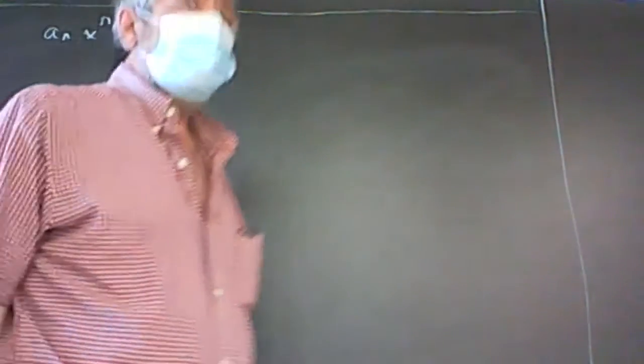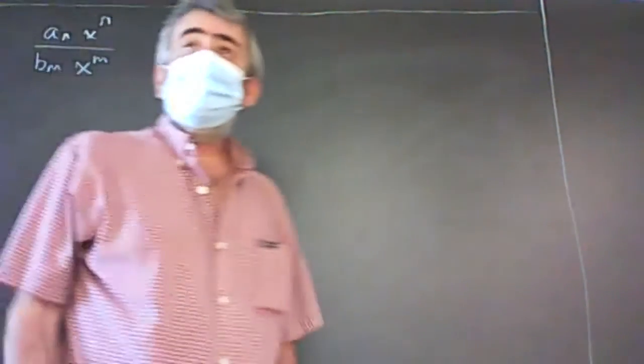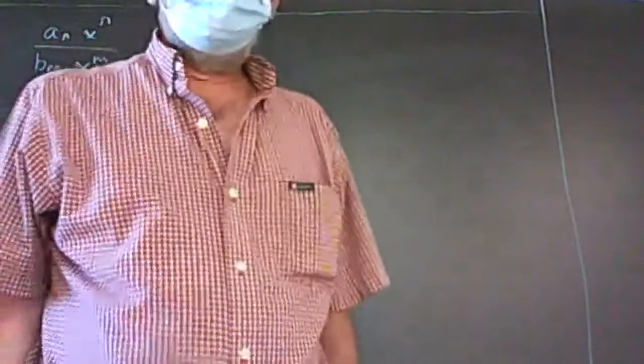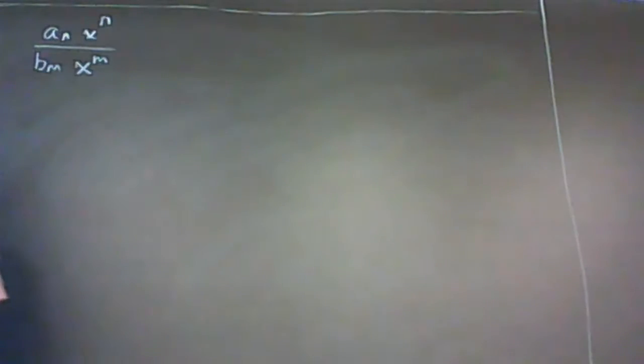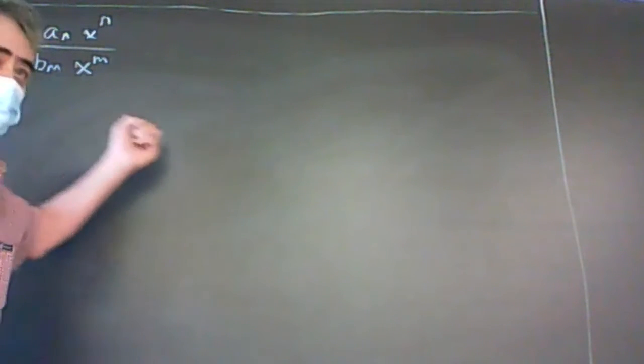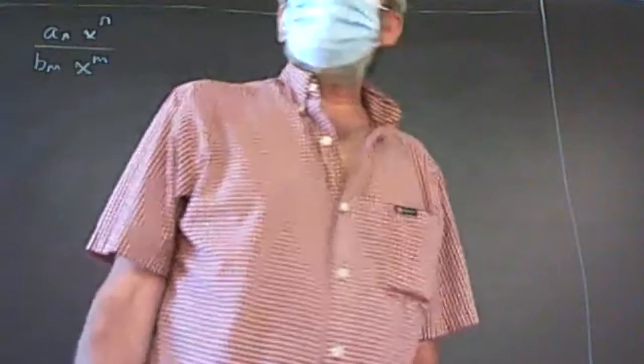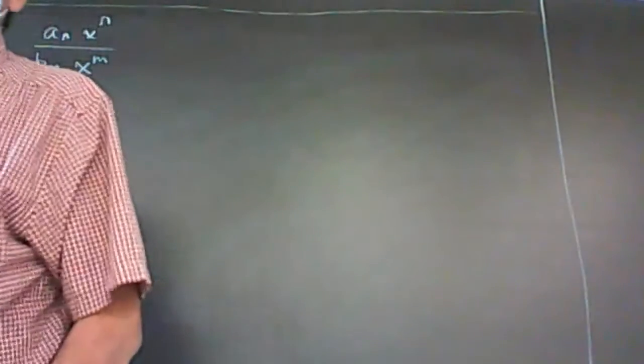The first term is the term on the numerator with the highest exponent, and bm x to the power m is the term on the denominator with the highest exponent. Now, we said vertical asymptotes happen when the denominator equals 0 and the numerator is not 0. All those values in such a situation will create a vertical asymptote.